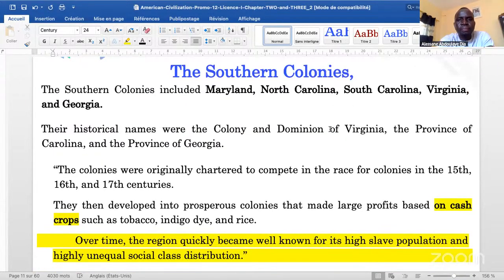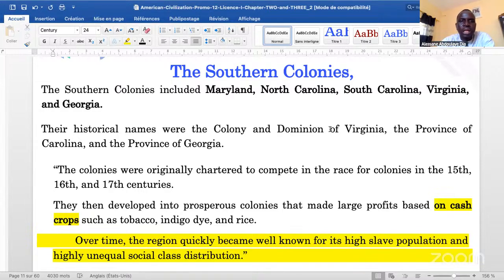Now the southern colonies. What should you know about the southern colonies? The southern colonies included Maryland, North Carolina, South Carolina, Virginia, and Georgia. If I ask you again, what are the southern colonies?